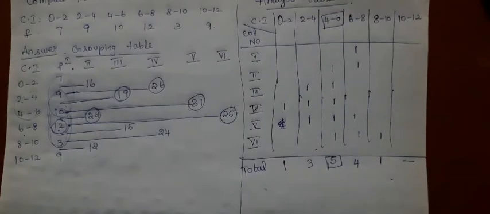Okay, now let us go to the step of computing the modal value. You have understood that 4 to 6 is the modal class. L is the lower limit of the modal class. The lower limit is 4, the upper limit is 6.